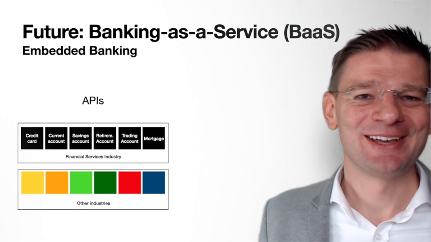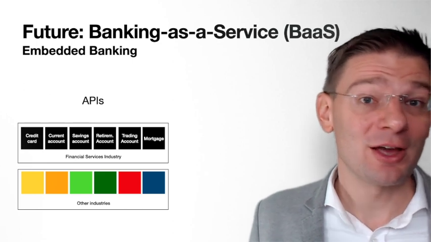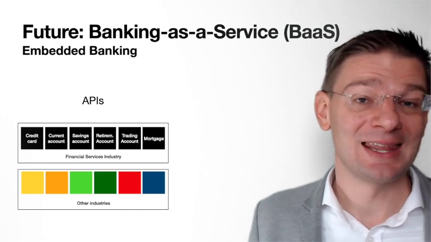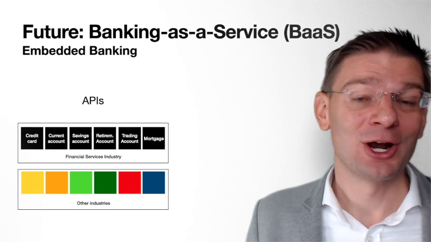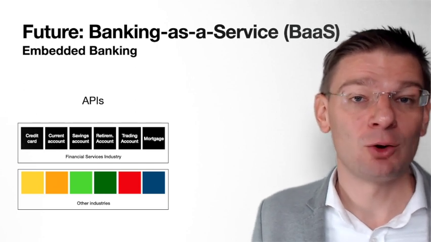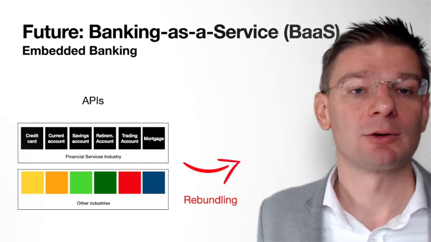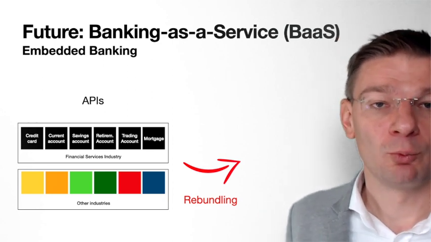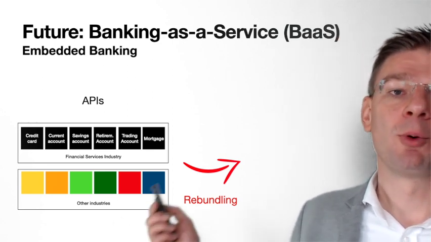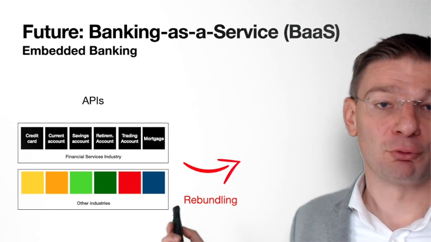And basically, the financial services industry and all the other industries are adding Lego building blocks into our box of Legos that we can now rebundle, right? And that's exactly what we think is going to happen in the future, where we now have some type of rebundling.